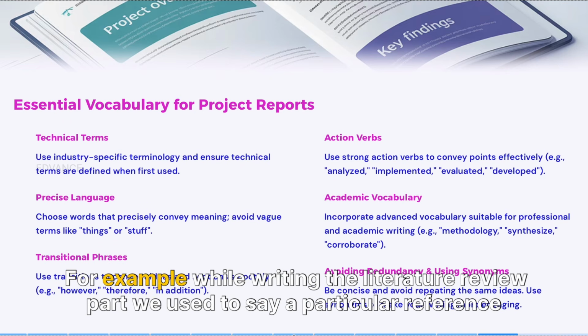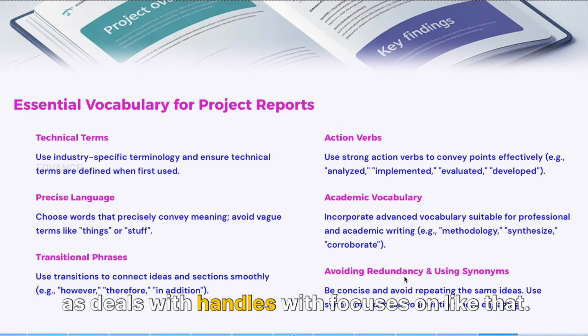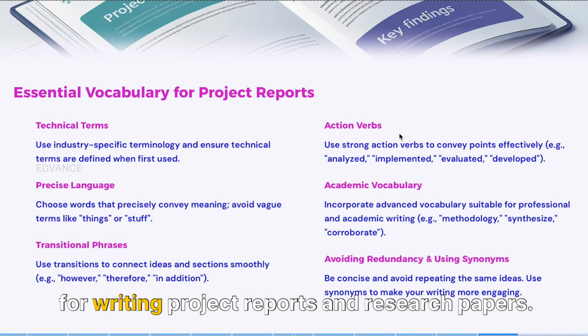For example, while writing the literature review part, we used to say a particular reference explains about. We need not say explains wherever we refer to a reference. We can say it as deals with, focuses on, like that. So throughout this video we have seen the essential grammar and vocabulary which is required for writing project reports and research papers.